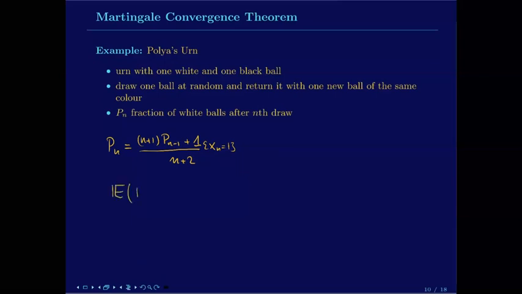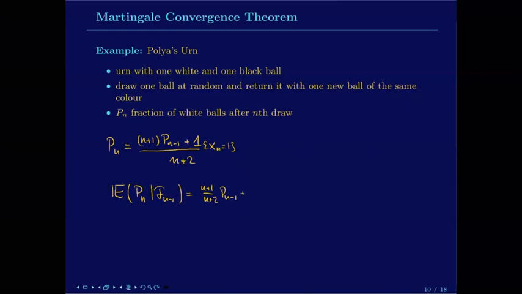So we have to look at the expectation of Pn, say, given Fn minus 1. And then, of course, we have simply n plus 1 over n plus 2 times Pn minus 1, as Pn minus 1 is known at time n minus 1.